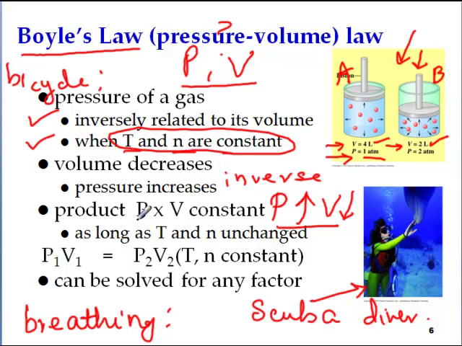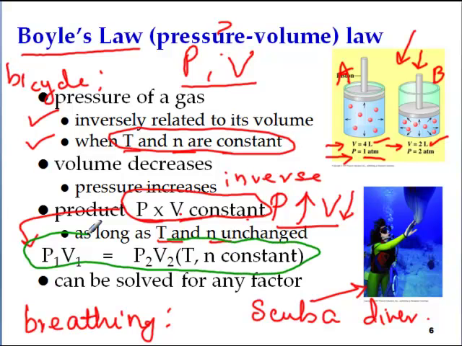So coming back to the mathematical expression, it is drawn from this phenomenon, and that is that the product of P times V is always going to be constant as long as the temperature and the amount of gas is unchanged. Usually on the test I will ask you: what is the mathematical expression?